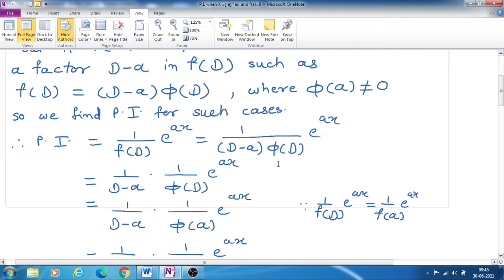Therefore, this f(D) is now (D minus a) into phi(D). Here this phi(D) is a function where if we put D equal to a, it is not equal to 0. Phi(a) is not equal to 0. So 1 upon (D minus a) phi(D) e raised to ax.